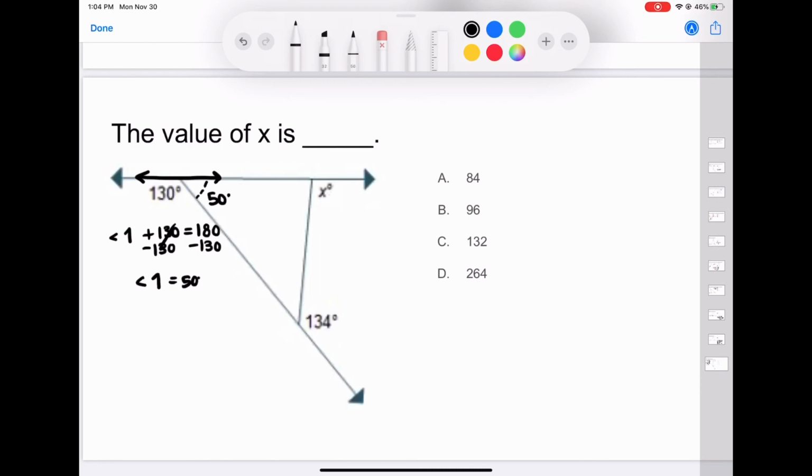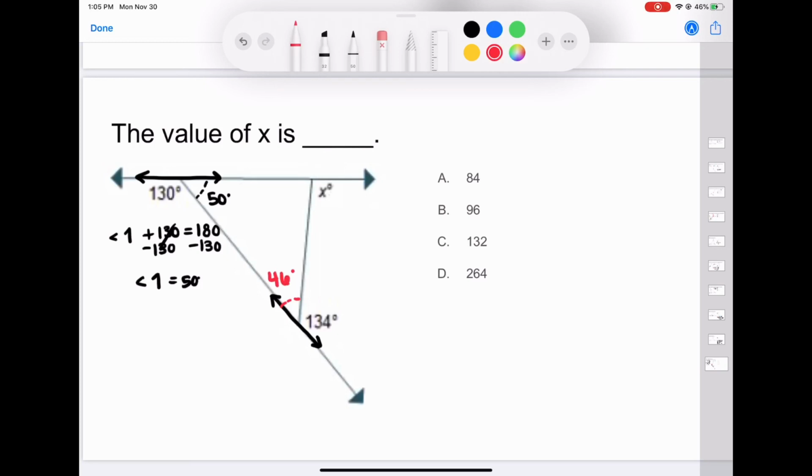Okay. Now I can do the same thing from this other angle over here. So again, 180 minus 134 gives me 46. So I'll actually do this in a different color just so it's easier to see. 46.